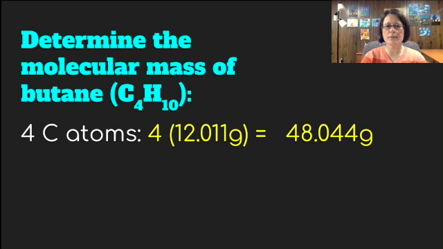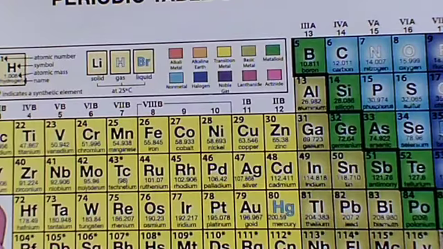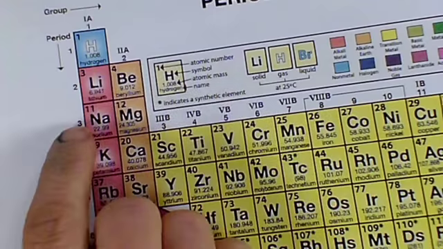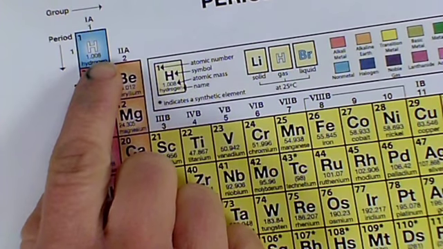48.044 grams. Now we look at the hydrogen, the H, and we see that there are 10 atoms of hydrogen. So we write that down, and then we take a look at our periodic table here, and we see that the atomic mass is 1.008.